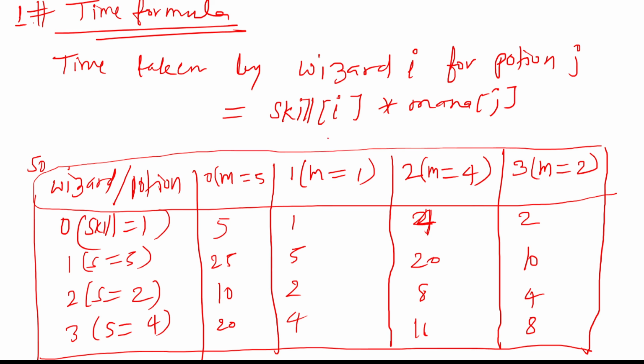Using the time formula, we take the time taken by wizard i for portion j, skill at i into mana at j, and you get the value like this. So you have the time like this. If we want to represent the timeline horizontally, each block shows how long the wizard works on a portion, right?